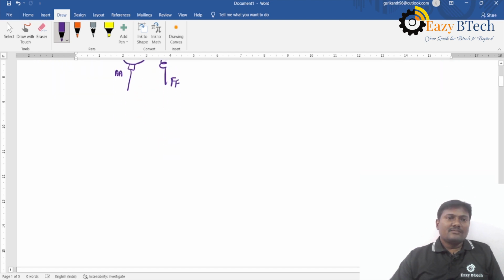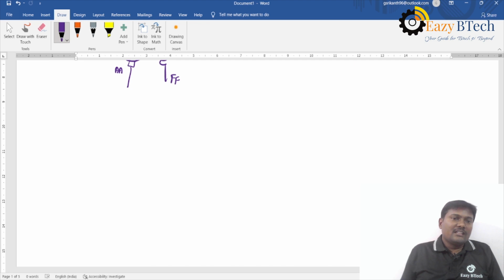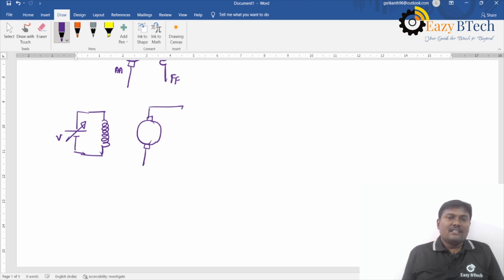Separately excited means, as the name itself says, it is separately excited. The field winding is separately excited with an external source. The field winding is excited with a separate external source, then it is called a separately excited DC generator.